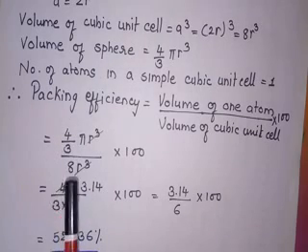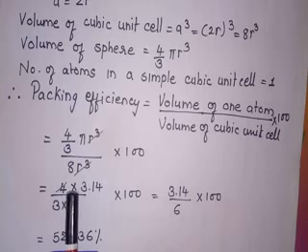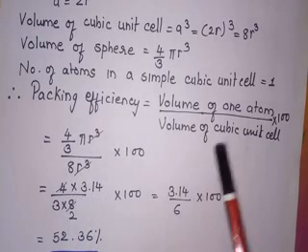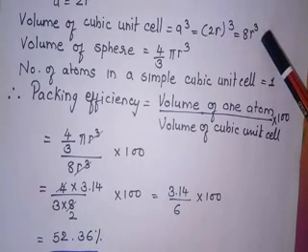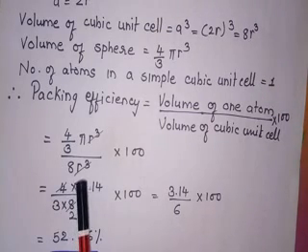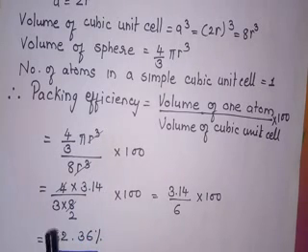Now there is only one atom, so we have 4 by 3 pi r cube divided by the volume of the cubic unit cell, which we found over here as 8r cube. So I've written it over here: the volume of the cubic unit cell into 100.